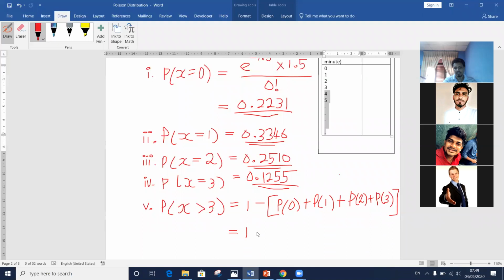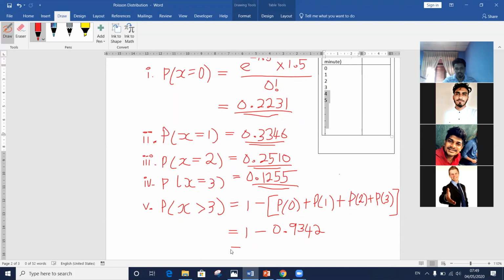So we can take the sum of these values directly. 0.2231 plus 0.3346 plus 0.2510 plus 0.1255. It adds up to 0.9342, right? 0.9342.